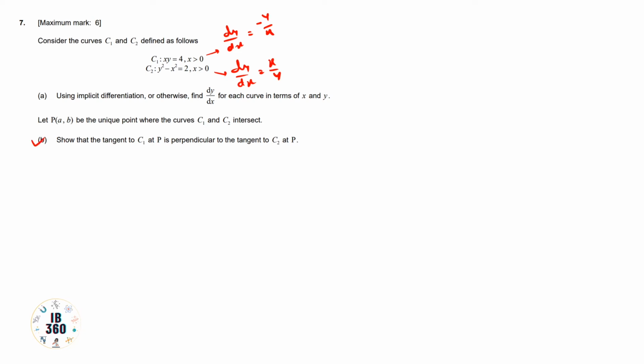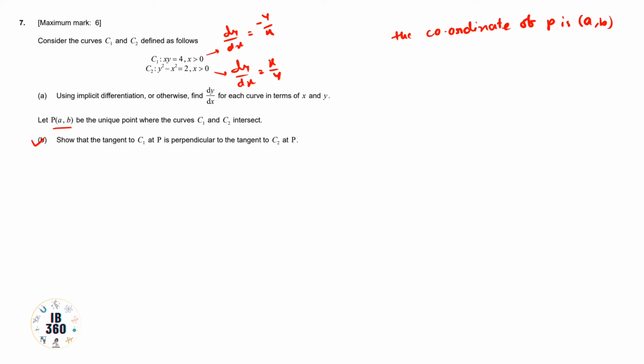Now the second problem: show that the tangent to C1 at P is perpendicular to the tangent to C2 at P. The coordinate of P is a comma b. So this is the coordinate of P, a comma b. Now both the curves pass through P, a comma b, as given.